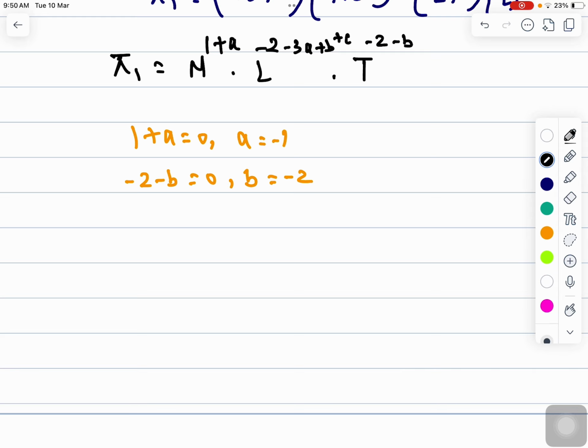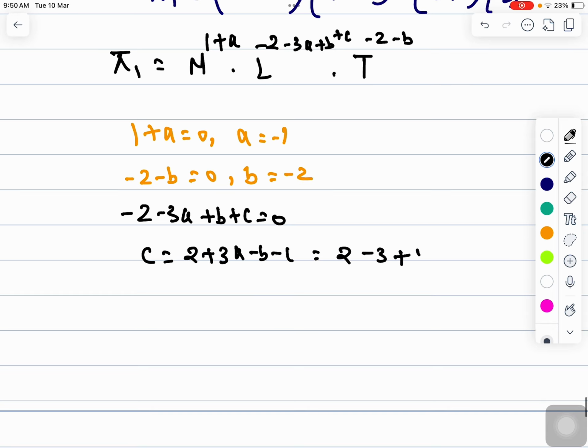So I can say here minus 1 minus 3a plus b plus c will be equal to 0. So from here I can calculate c equals to 1 plus 3a minus b. So that is 1 minus 3 plus 2. So that will be equal to 0.